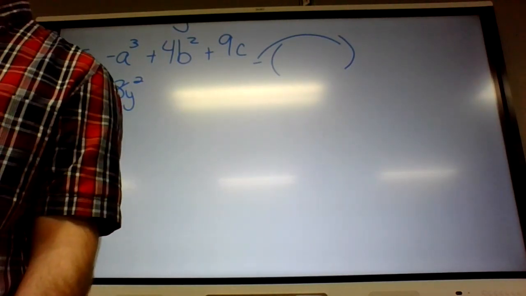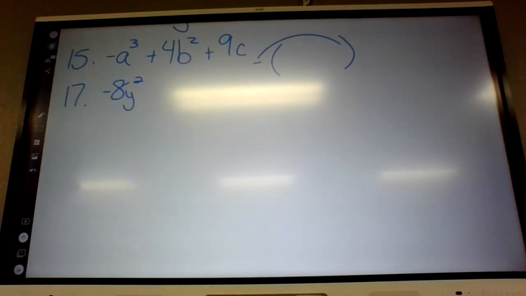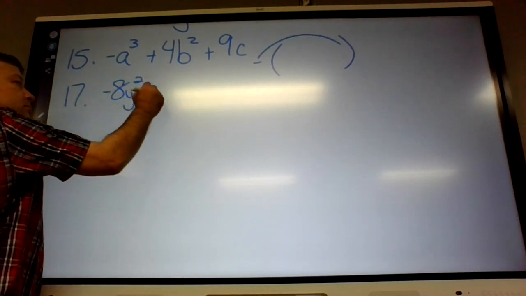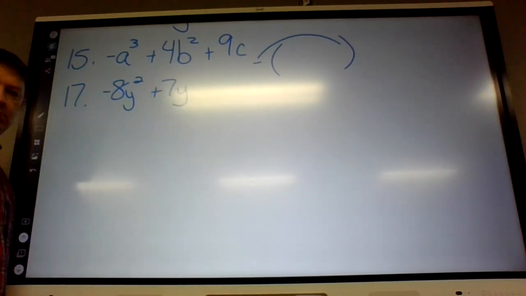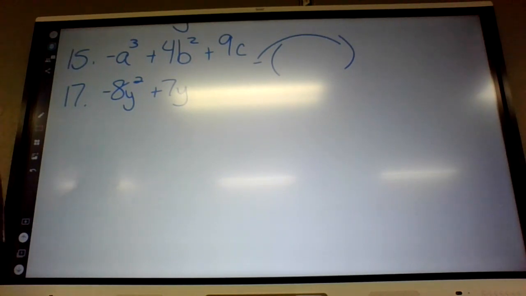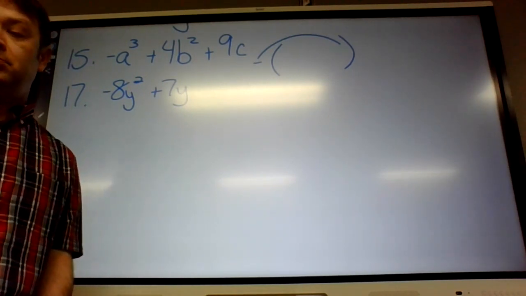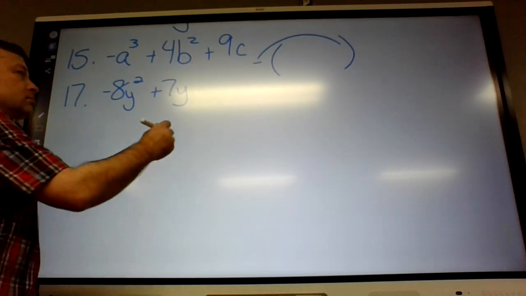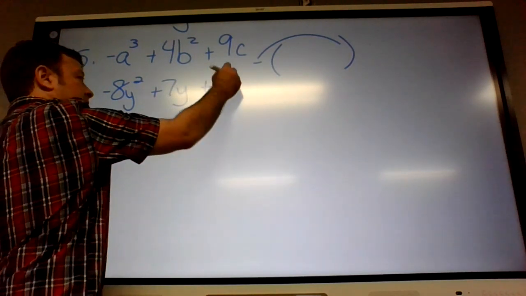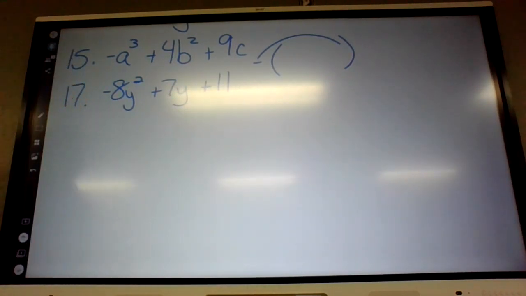And then positive 3y plus 4y is 7y. And then positive 8 minus plus 3 is 11. -3 makes it a +3. Okay.